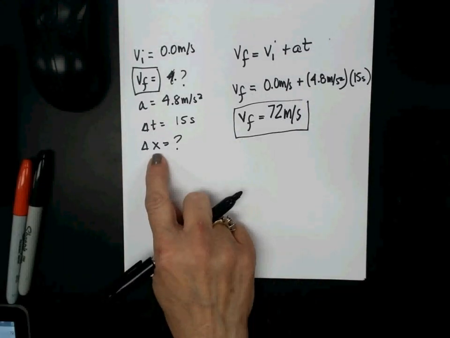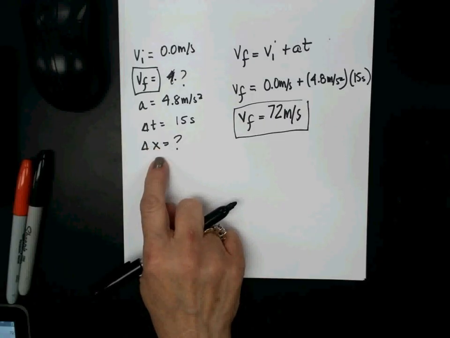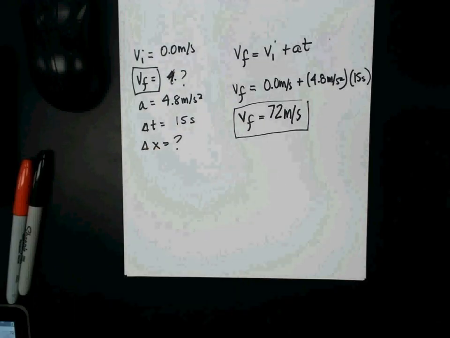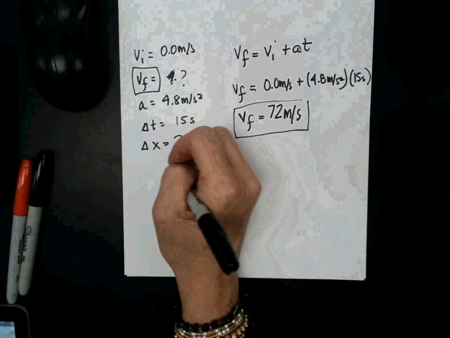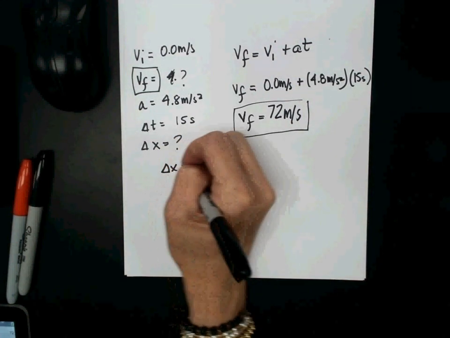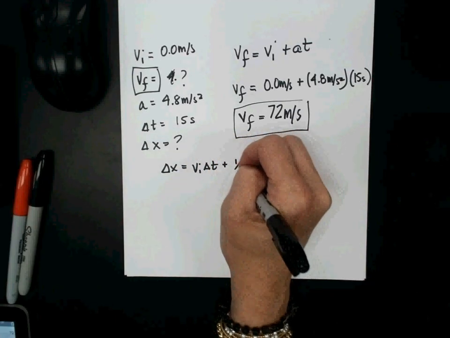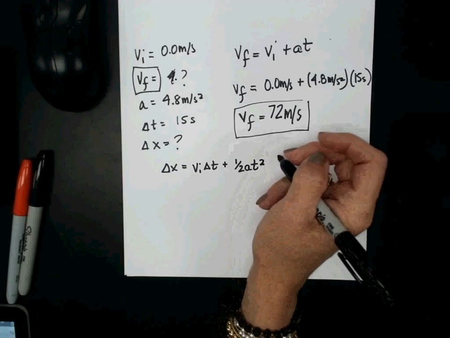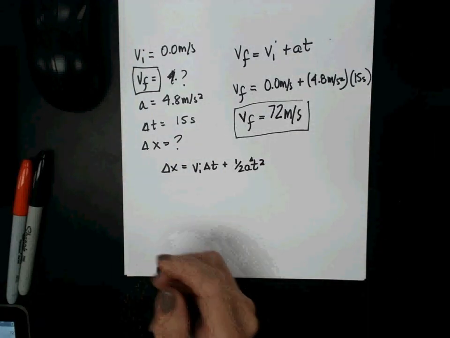So now, did I have to find that to find delta x? Yes. Do I have a formula that I can find delta x without VF? Yes, I do. So let's use that one because it wasn't given to me in the initial problem. Delta x equals VI delta t plus 1/2 a t squared.